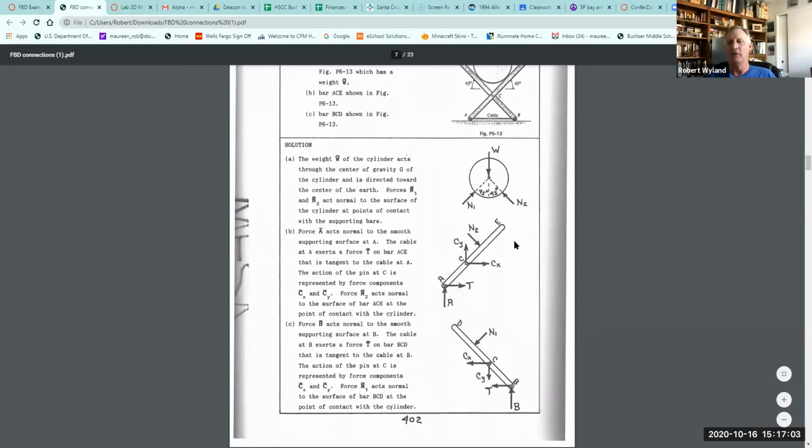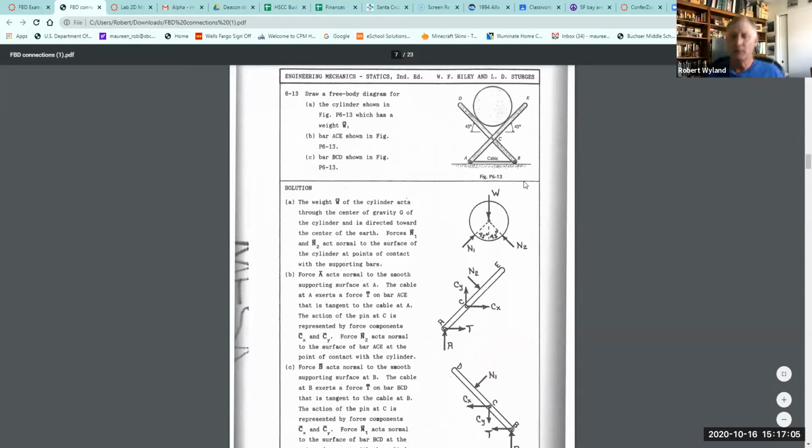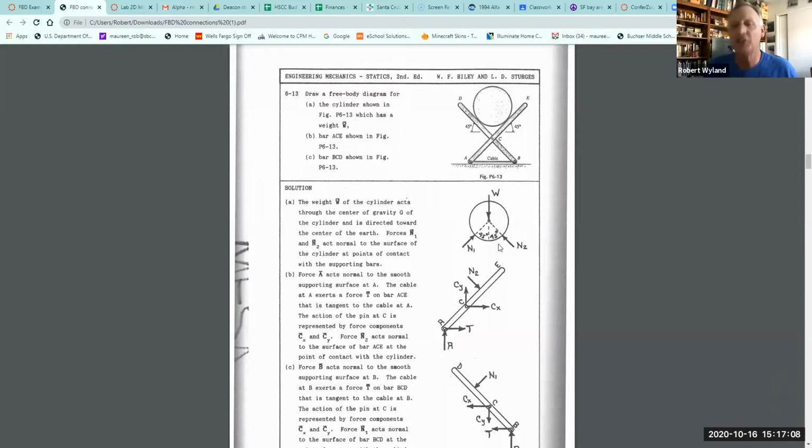So when we go back and look at this diagram, let me switch cameras here. You can see this. I want you to look at that real quick.